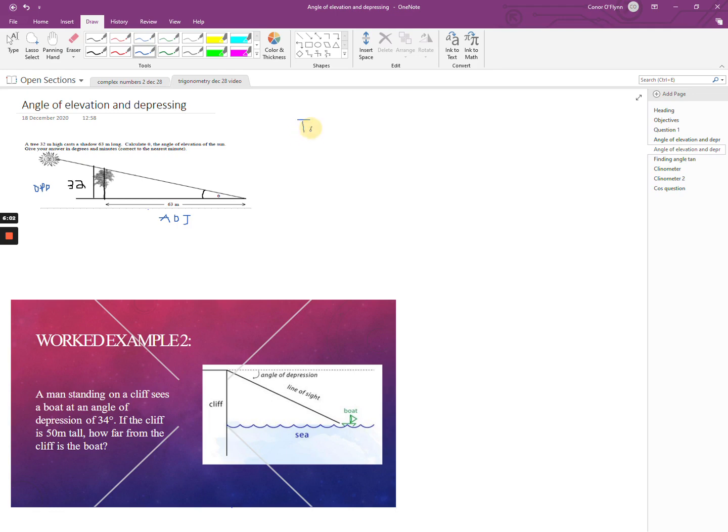So tan theta is opposite over adjacent, so that'll be 32 over 63. But I need to know what angle gives me that, so we can work that out in the calculator. Again, I'm looking for my angle, so it'll be the tan inverse function.